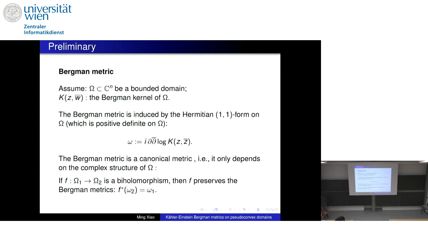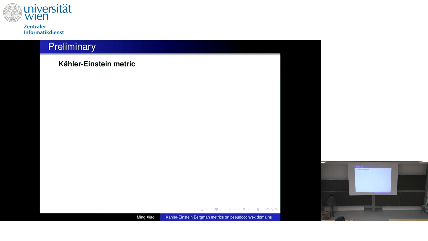And an important property of the Bergman metric is that it is canonical. That is, it only depends on the complex structure of the domain. More precisely, if we have two domains, omega 1 and omega 2, which are biholomorphic by the map F, then F preserves the Bergman metric of the two domains. So that's the Bergman metric.